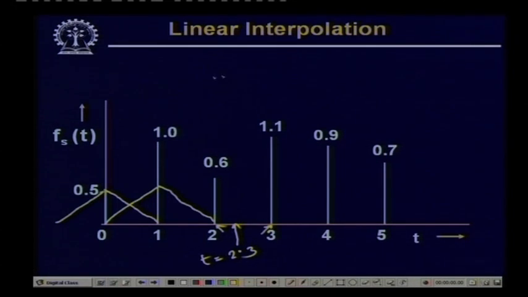Okay. And in this particular case, I will have f 2.3, which will be nothing but p 2, then b, because I have to make it I minus 1 in this particular case.